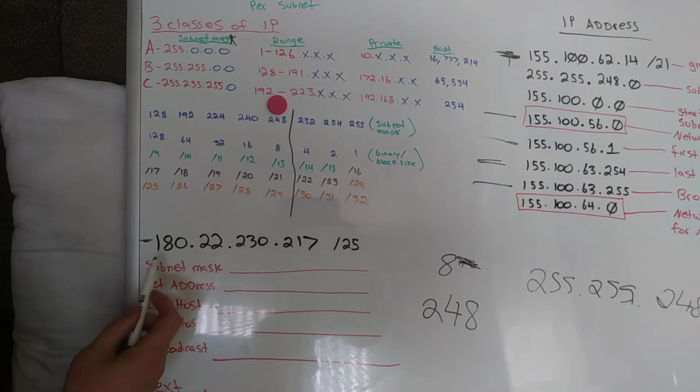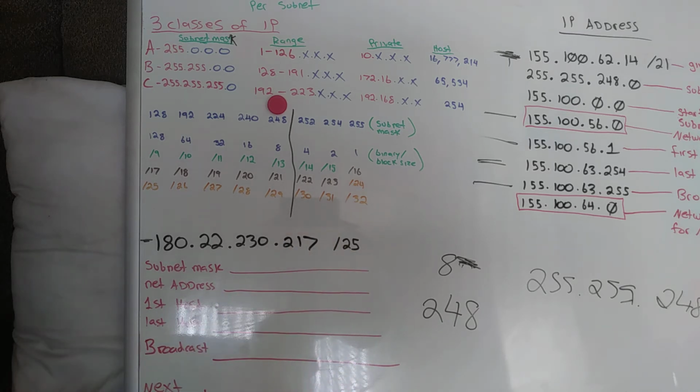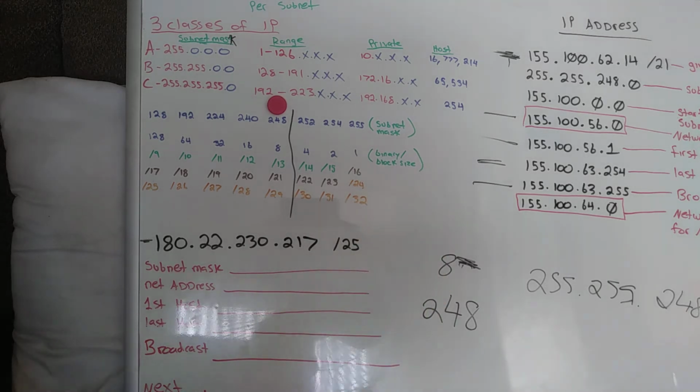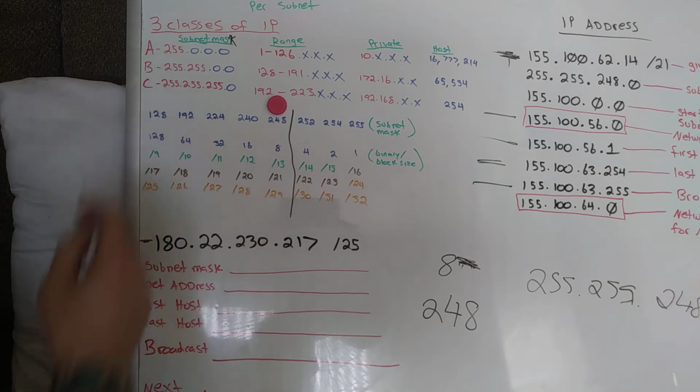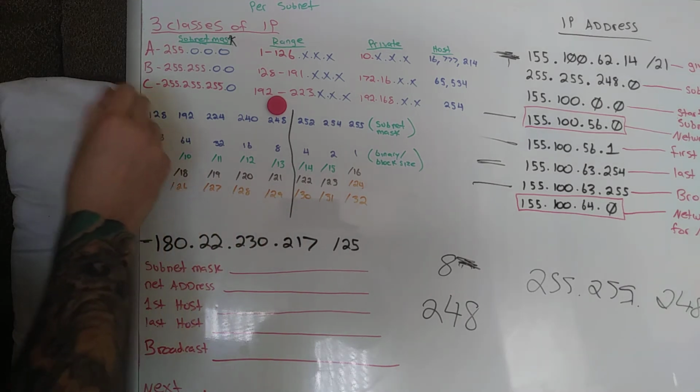We have 180.22.230.217, CIDR 25. Well, we know the third octet goes up to a CIDR 24, so we're borrowing one host bit, which would be a CIDR 25, or if you look over here how I wrote it, there's a CIDR 25 right there. It lines up with 128 and 128.